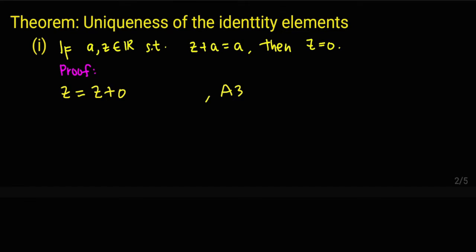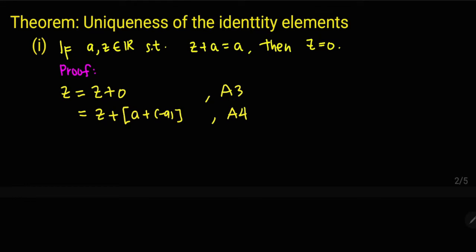Now, since we have another real number A, by the existence of additive inverse, we can get the additive inverse of A and add it with A, and the result will be 0. So we have C plus, we can replace 0 by the value A plus the negative of A. Again, that's from the existence of additive inverse. So we have C plus the quantity A plus negative A.